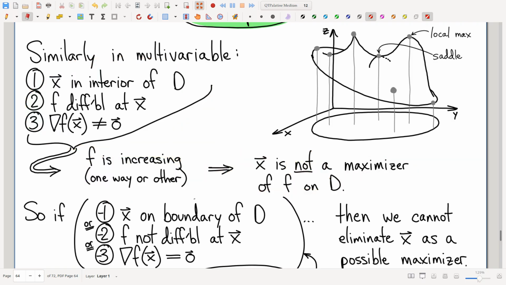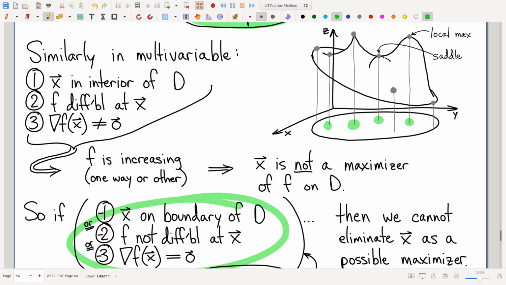Now, not every point. There are a small number of points maybe that don't quite satisfy. There, the function fails to be differentiable. There the gradient is the 0 vector. There, the gradient is the 0 vector. Also there. A handful of points there in the interior.